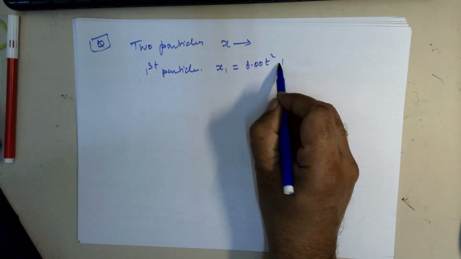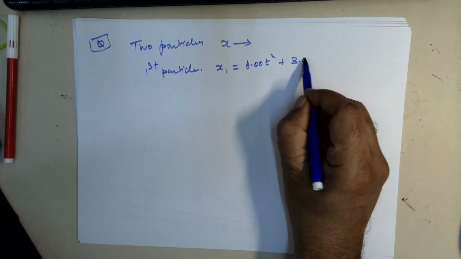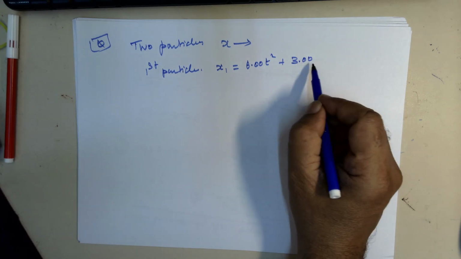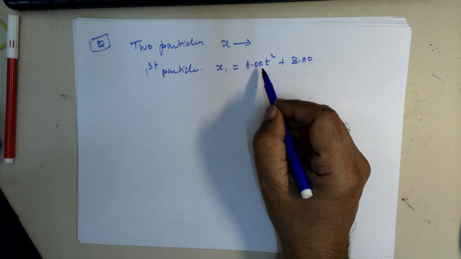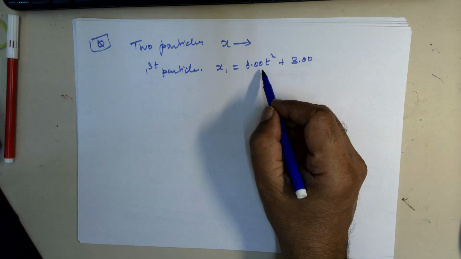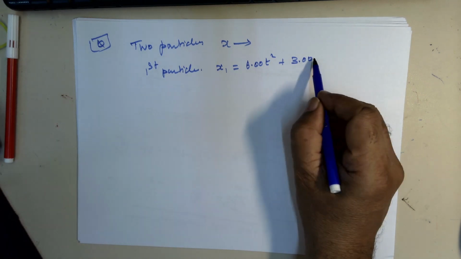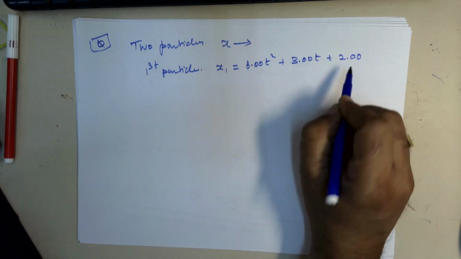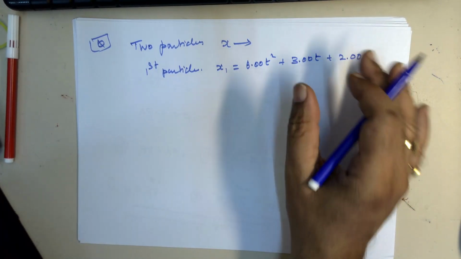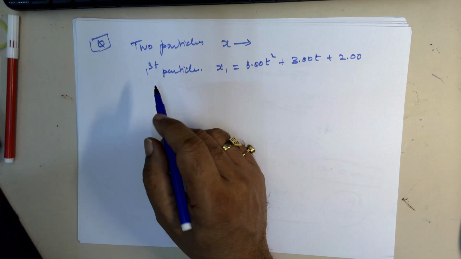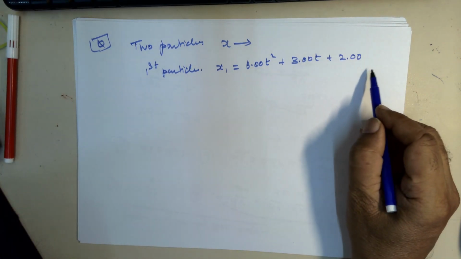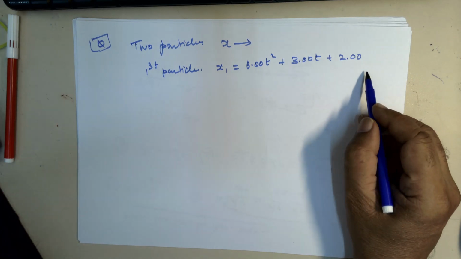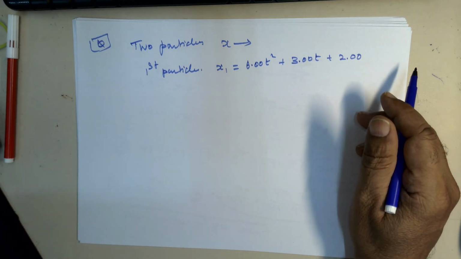6.00 t squared plus 3.00 t. When it is given, you know about significant figures. So what is the significant figure here? 3. Here, 3. So if it is given like this, you are supposed to maintain the same significant figures. Then these are all given in SI units: the velocities in meter per second, the distances in meter, and the time in second.